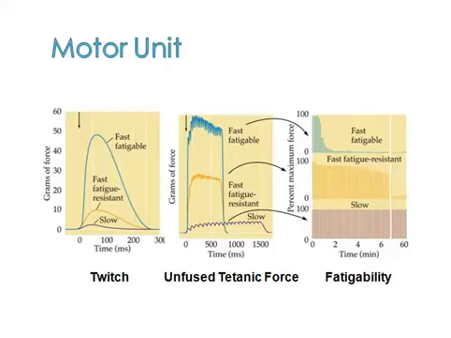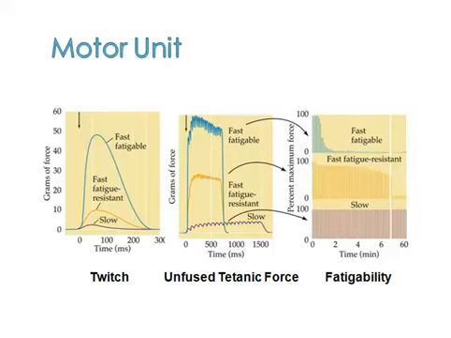The fast fatigue resistant is the type 2A. And then the slow twitch is the type 1. So you can see grams of force. I'm not really too concerned with the units here, but what I want you to see is just, relatively speaking, how different one twitch is for a type 2B compared to even the type 2A and the type 1.